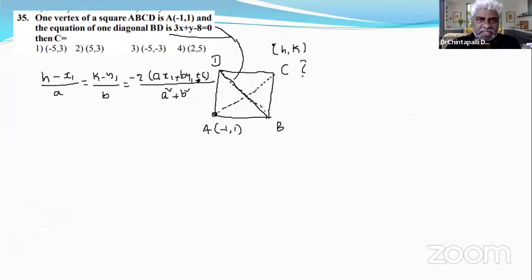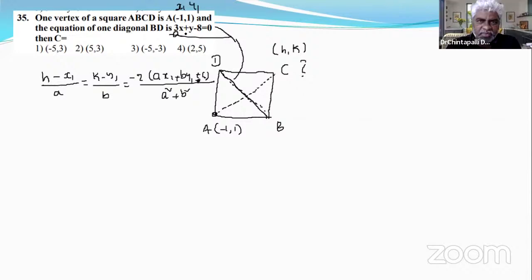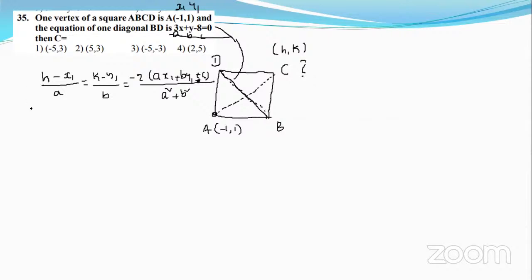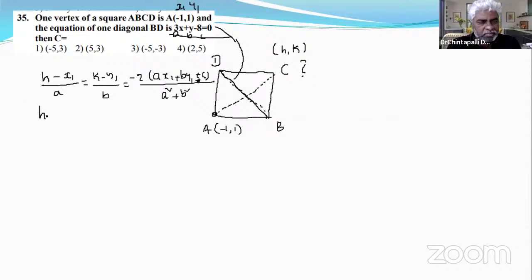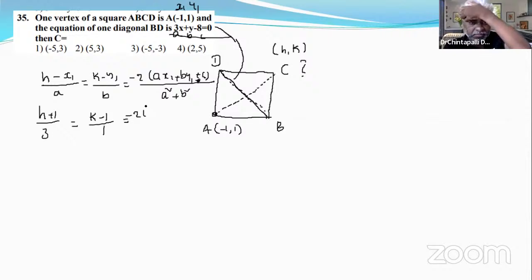See, this is h comma k and this is x1 y1, and this is ax plus by plus c, where it is a, it is b, it is c. Use h minus x1: h plus 1, since minus of minus is positive and x1 is negative 1, by a which is 3. Then k minus y1, k minus 1, by b which is 1, equals negative 2 times (a x1 plus b y1 plus c).